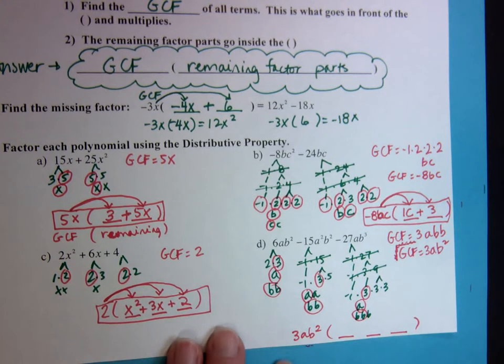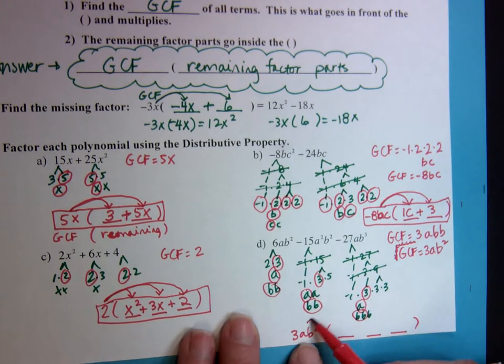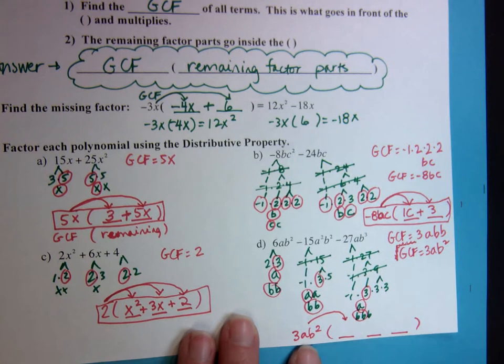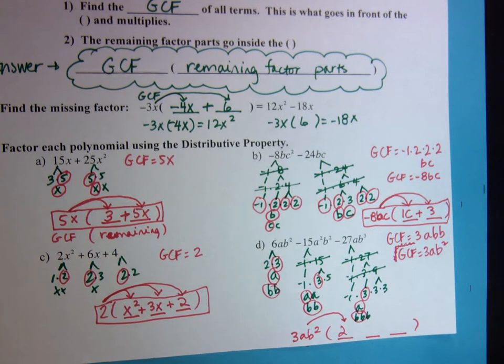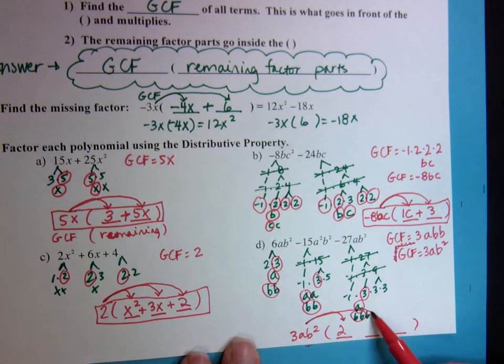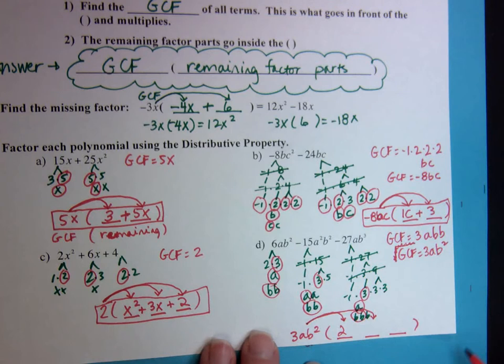All right, so 3ab squared times what will give me 6ab squared? 2. Notice the 2 is there by itself. 3ab squared times what gives me negative 15a squared b squared? Minus 5a. Just negative 5a? Okay, because that's all that's left. Negative 1 times 5 is a negative 5.